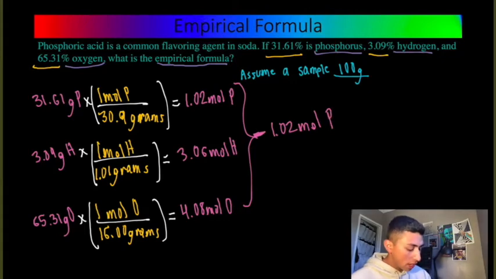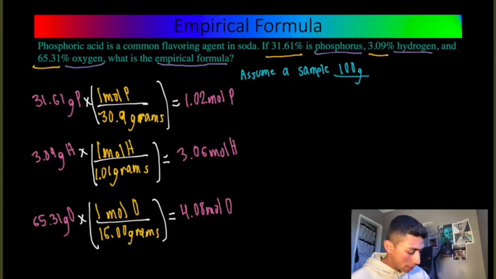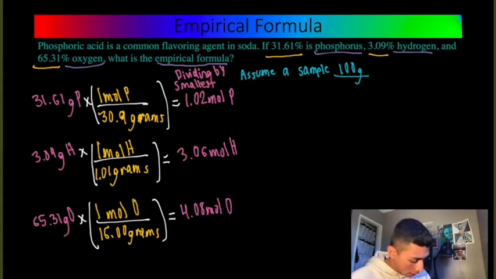So we're going to divide each of these by 1.02. We're dividing by the smallest, right? Let me box that in here. That's what we're doing here.